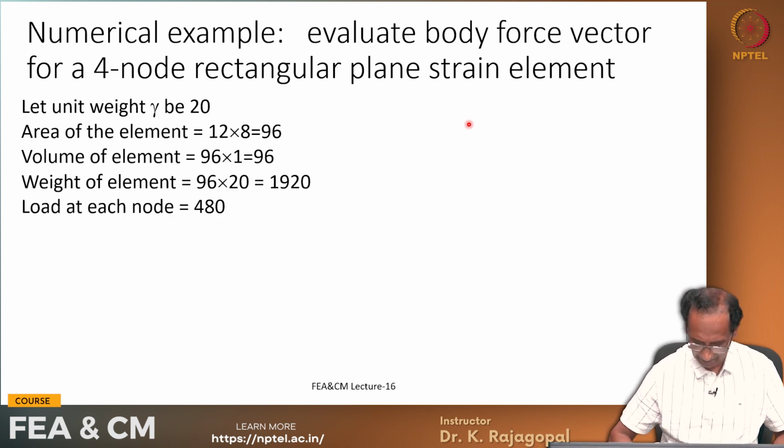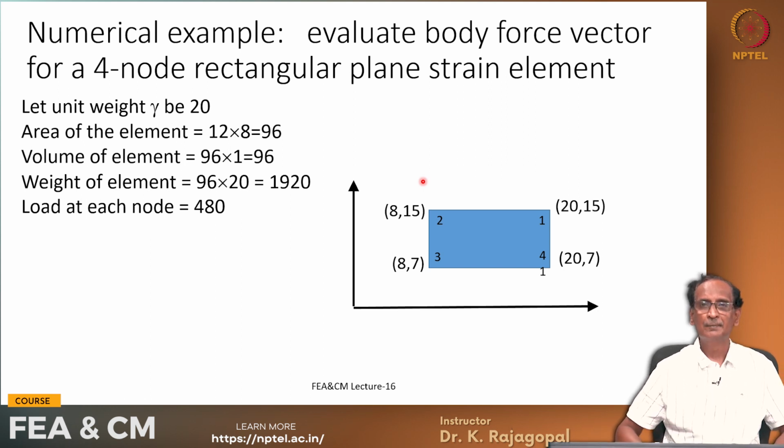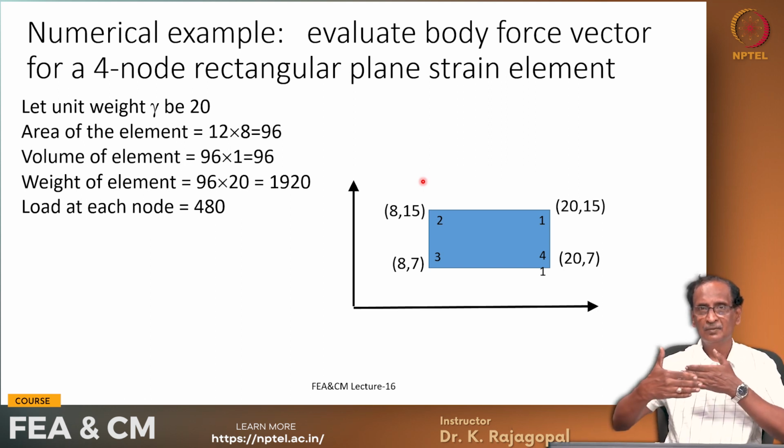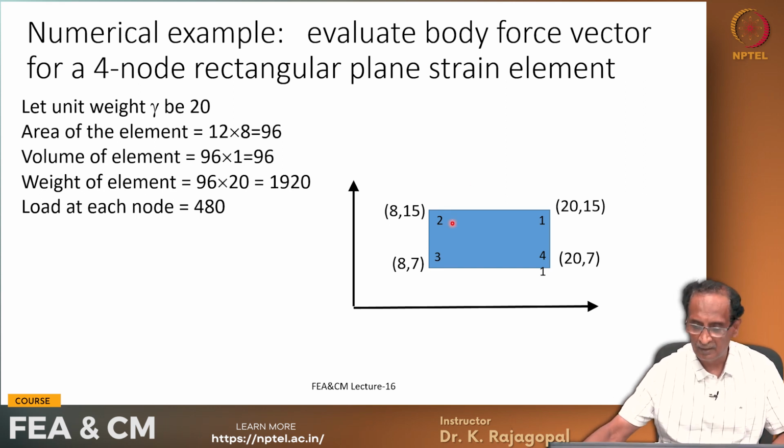Let us calculate the body force vector for a rectangular plane strain element. And as you recall, the plane strain element has unit thickness in the out of plane direction, right? And this element has 4 nodes: node 1, node 2, node 3 and node 4.